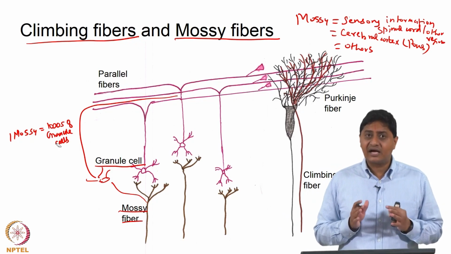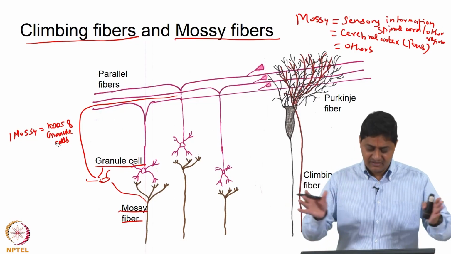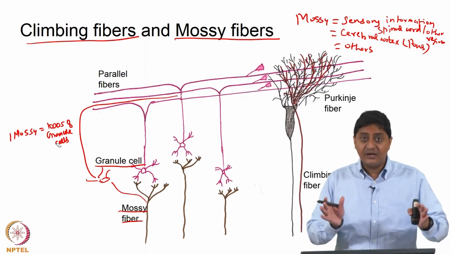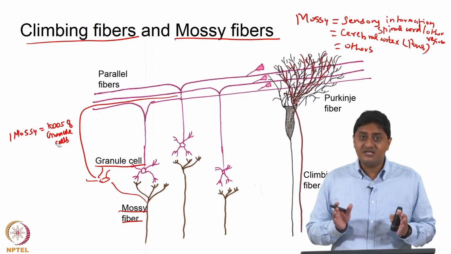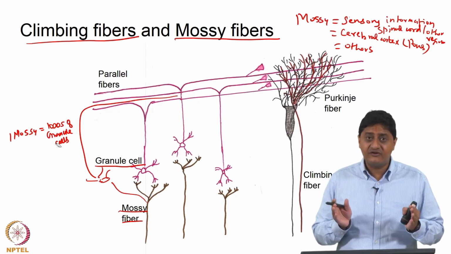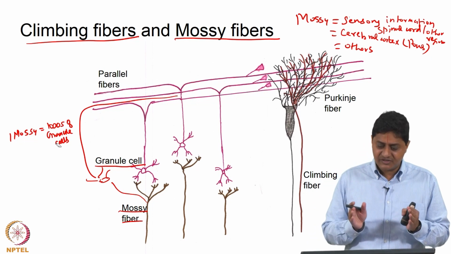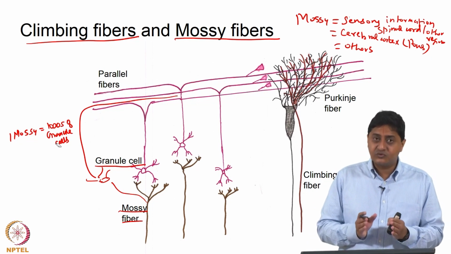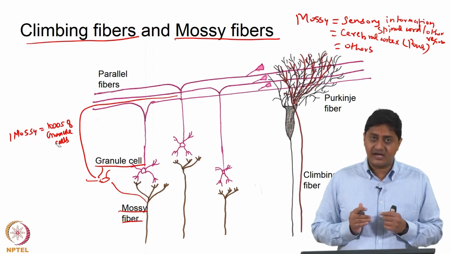So, there must be a great amount of divergence from the mossy fiber system, or the mossy fiber granule system involves a great amount of divergence from one mossy fiber to thousands of granule cells, right.